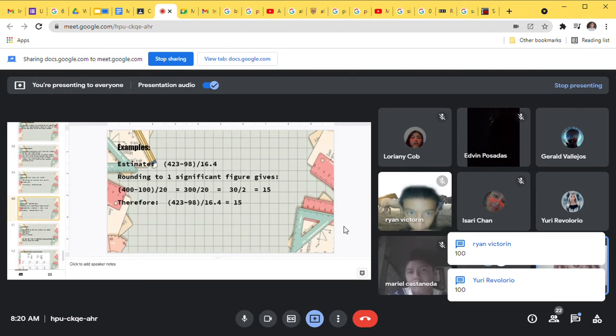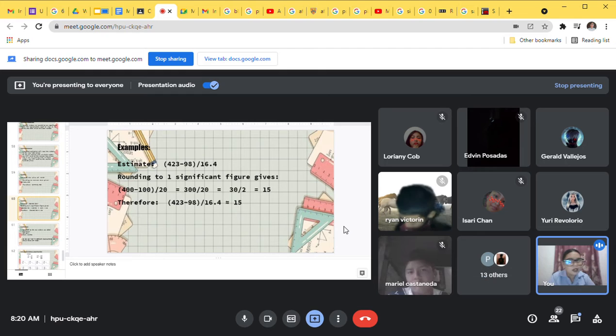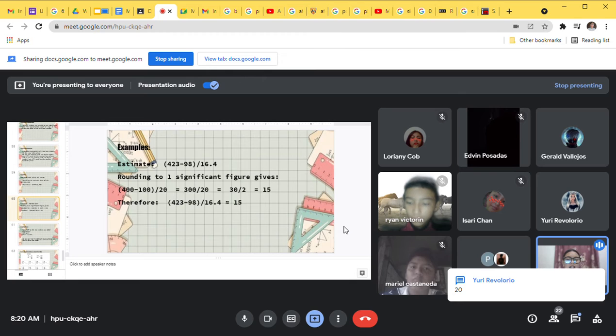If we now have to round off this 16.4 to one significant figure, what do we get there? Remember, we just want one significant figure. Very good, we get 20 there, right?